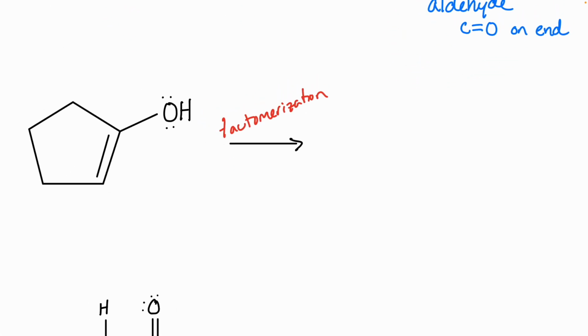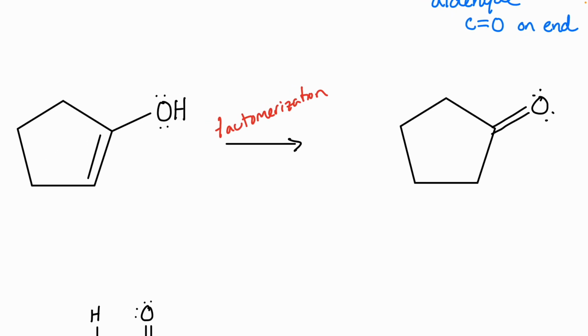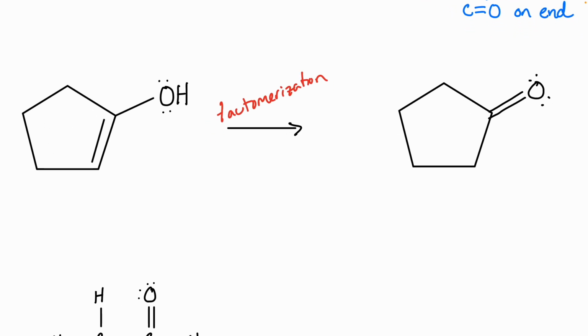If we did the same thing with this one, again, I'm not going to lose any carbons. I'm going to have that same 5-carbon ring there. But now my double bond is going to move from being a carbon-carbon double bond to a carbon-oxygen double bond. What's our functional group in this molecule?